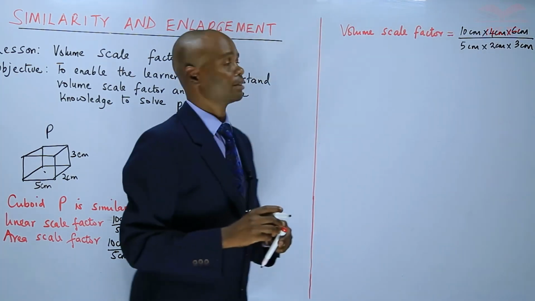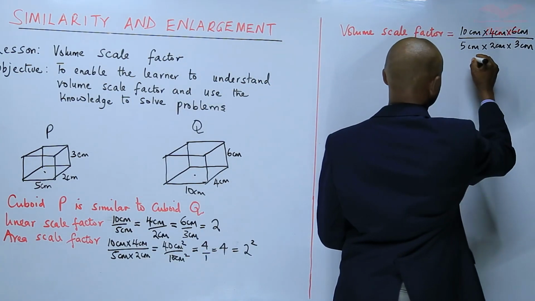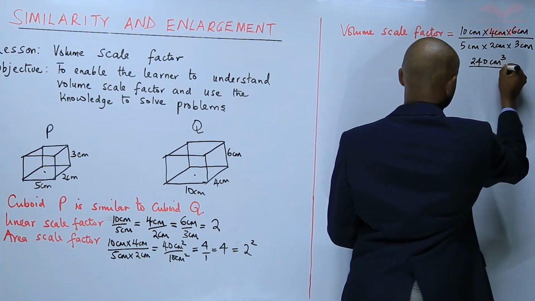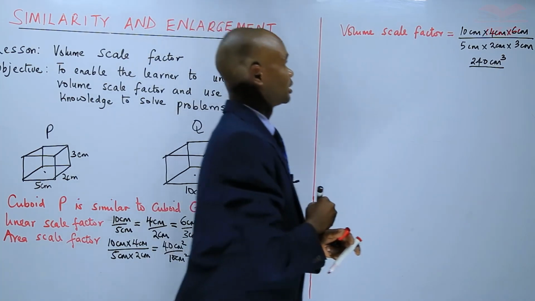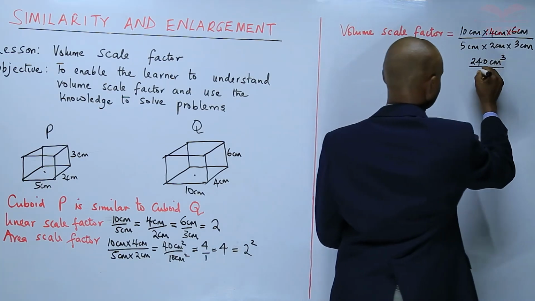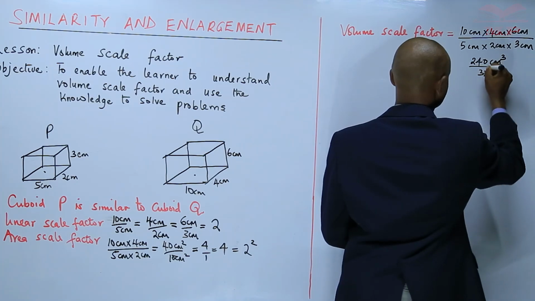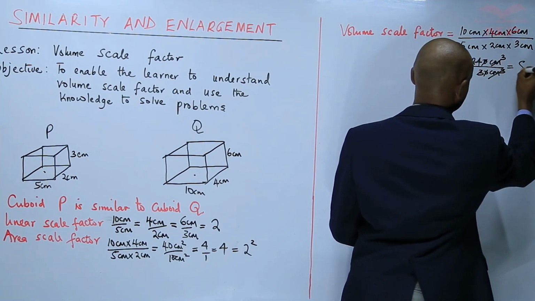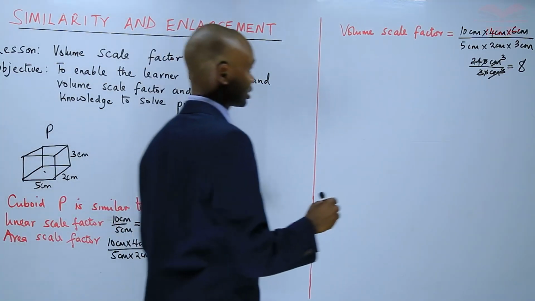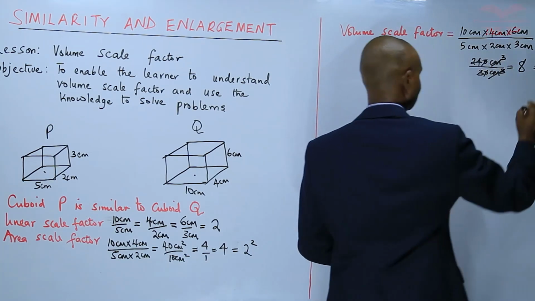The numerator is 10 times 4, 40, times 6, 240 cubic centimeters, divided by 5 times 2, 10, times 3, 30 cubic centimeters. I get 8. If you look at it well, 8 is 2 cubed.